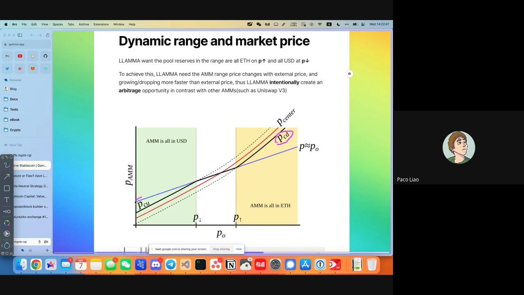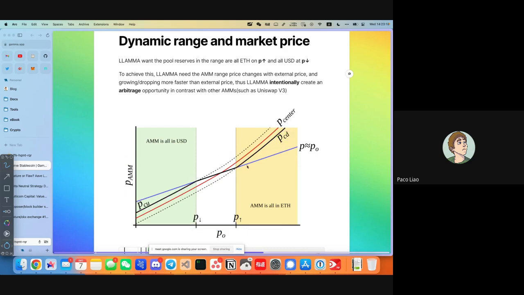And PCU is the upper price of this range. So you can see the range price on the y-axis is the AMM price, and the x-axis is the external price. With the external price increasing, the AMM price also increases, and PCU and PCD increase more quickly.